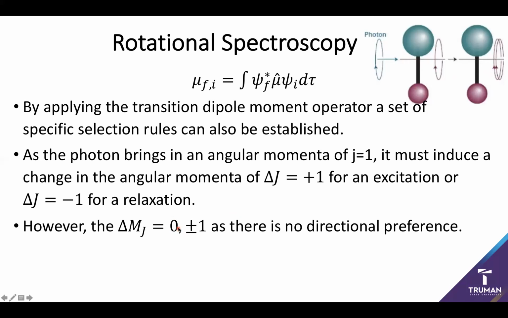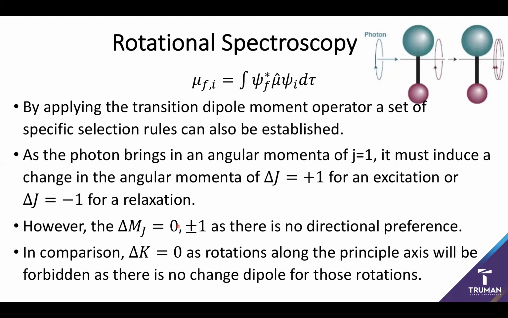However, one of the things we should acknowledge is that when I start dealing with nonlinear molecules and I have a K dependency, which again is the rotation about the principal axis, my change in K actually has to be 0. The reason is that for a symmetric molecule, I will have no dipole along this principal axis.